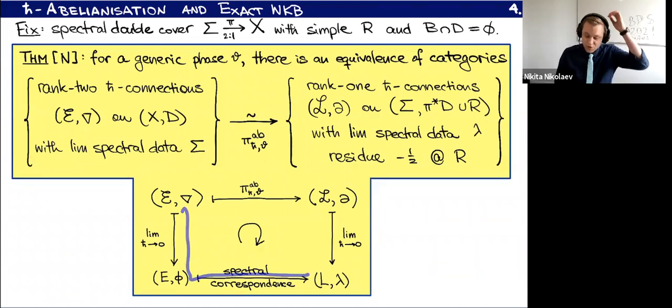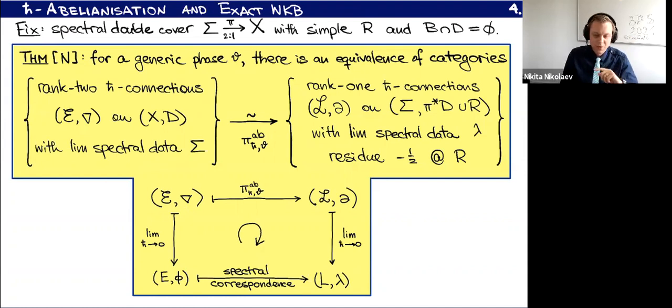So that's traditional. But now there's a new thing that I can do, which is that before taking the limit as H-bar goes to 0, I can abelianize this thing in H-bar families, and what I get is a rank 1 H-bar connection on the spectral curve.